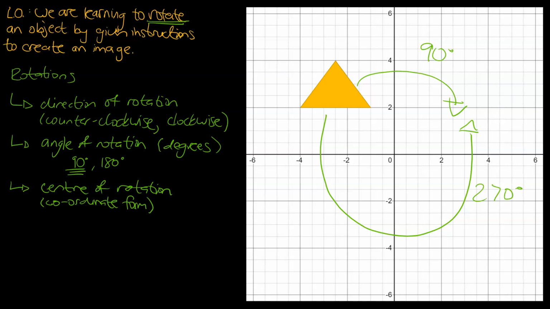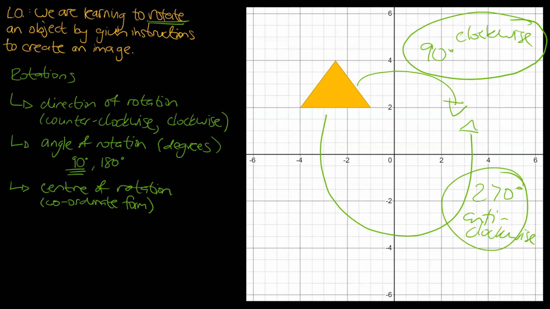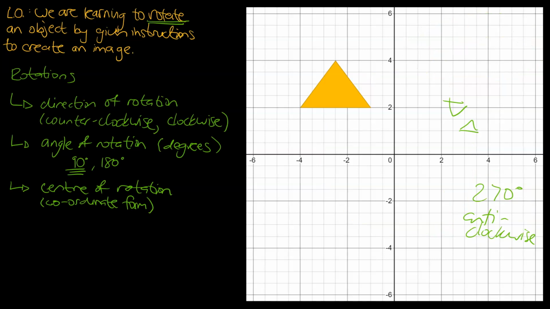So we could say 90 degrees clockwise, or we could say 270 degrees anticlockwise. But when we're going through this approach, just note it's customary to describe it with reference to the smaller angle. So we'll never really refer to 270 degrees, because that's the same as 90 degrees in the opposite direction. So we'll rub all of that out.